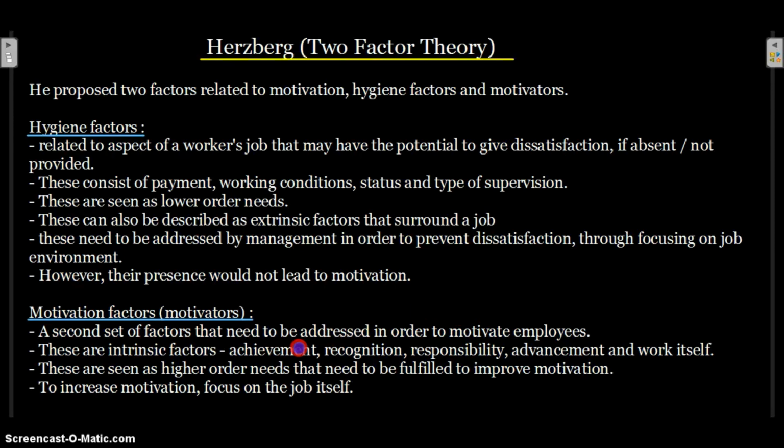These are intrinsic factors, while those were extrinsic factors. They include achievement, recognition, responsibility, advancement, and work itself. These are seen as higher order needs by Maslow that need to be fulfilled to improve motivation.